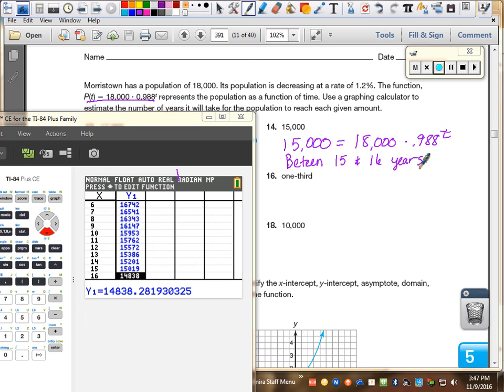Okay? A problem like 16 is kind of confusing because it says 1/3. 1/3 means 1/3 of what you started with. So if you started with 18,000 people, 1/3 of that is going to be 6,000. And again, you've got to scroll.